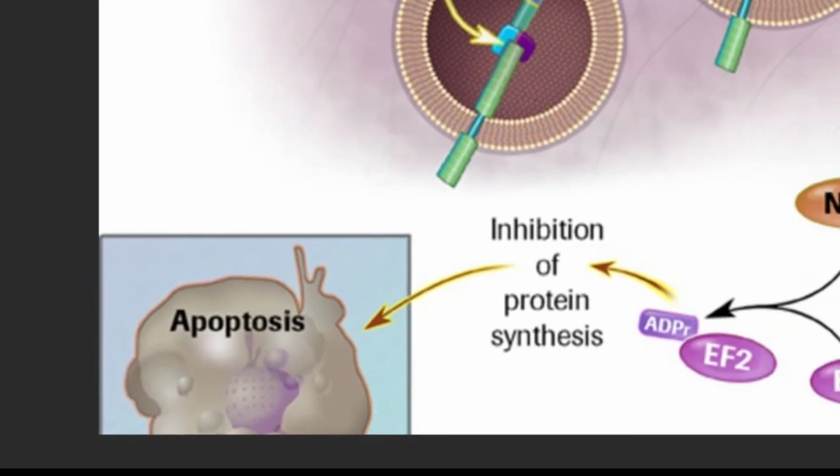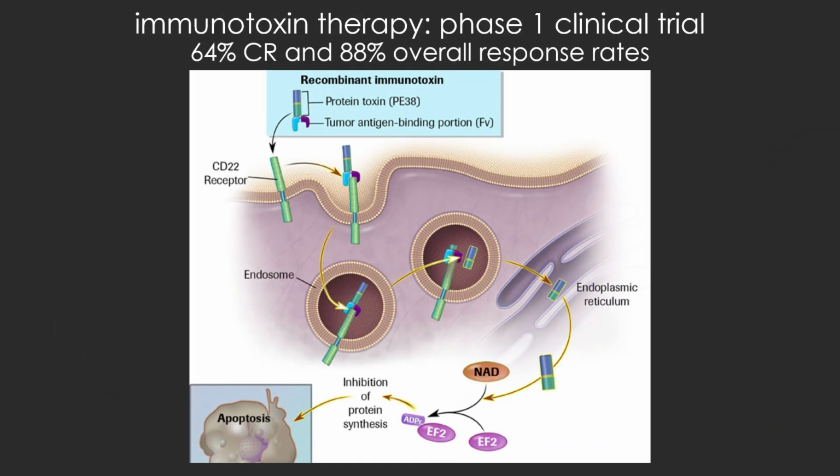Overall, the positive response in patients to this therapy was 88%, with 64% of them going into complete remission. So the targeting of particular cells with this immunotoxin, which is a modified AB exotoxin, provides a much more pinpoint response than something like chemotherapy, which tends to have drastic side effects because it affects multiple cell types within the body.